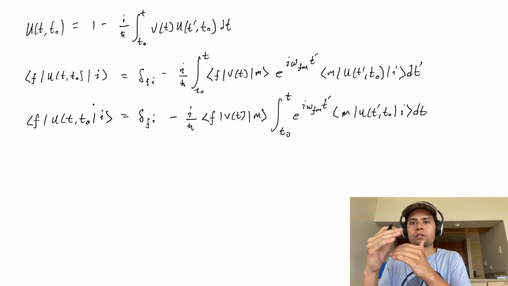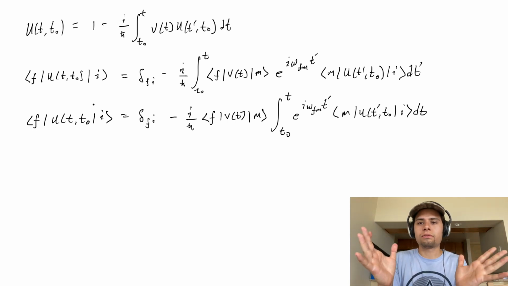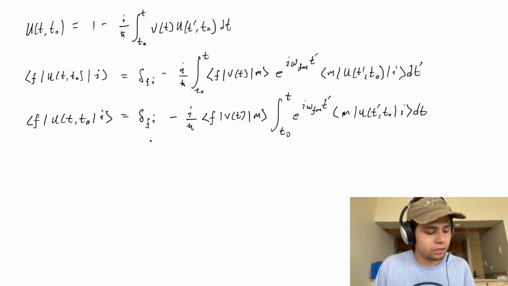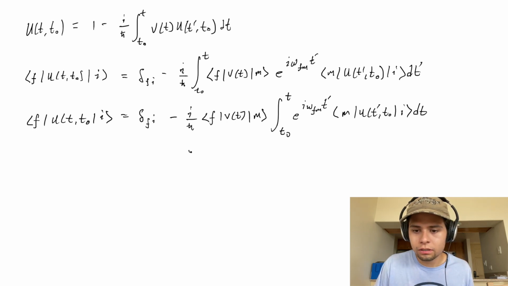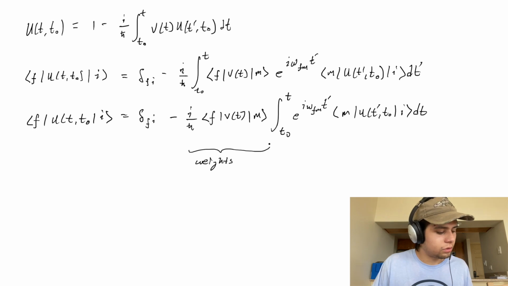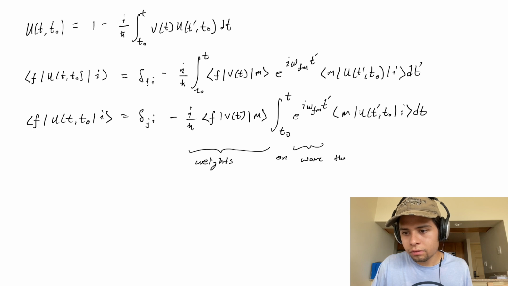How do the coefficients have to change such that the state and the initial state equals the final state? Okay, and so we read this as 1 minus the weights. So these here are the weights. The weights on the waves, on each wave that evolve in this way.